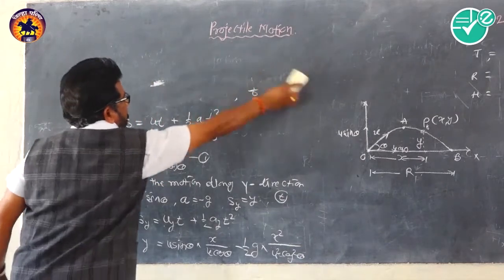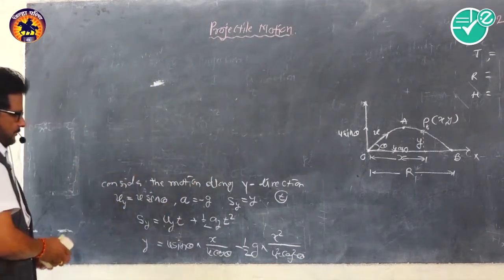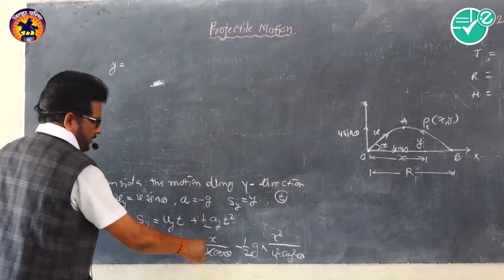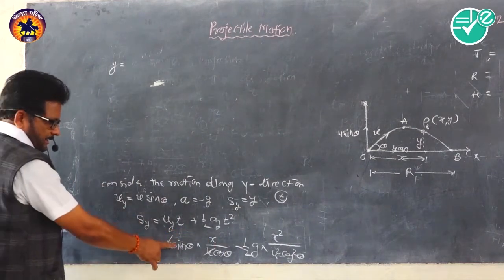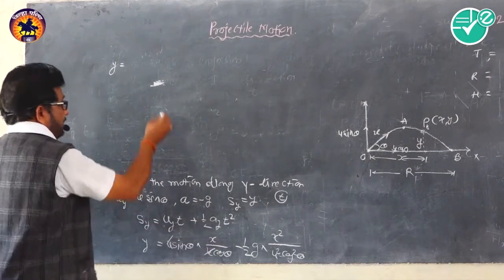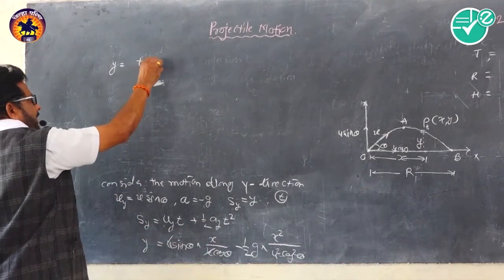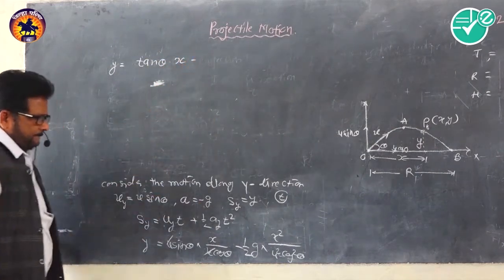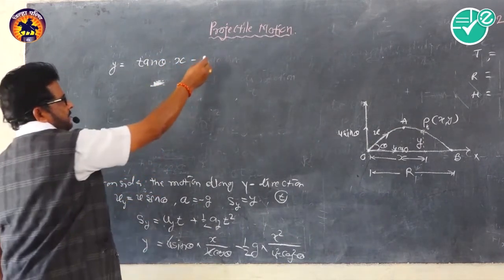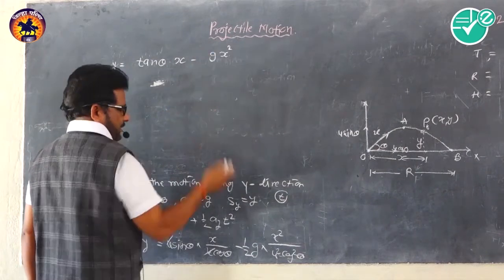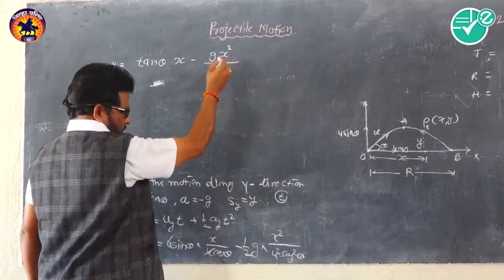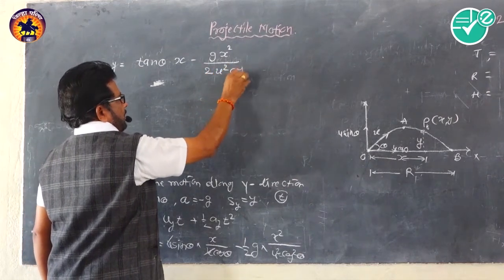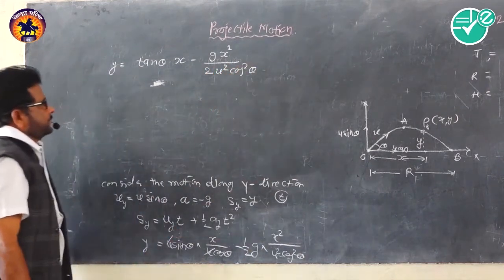Then y is equal to, this u gets cancelled, sin theta upon cos theta, that means tan theta, into x minus g x square upon 2 u square cos square theta.